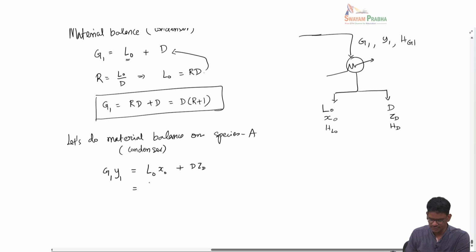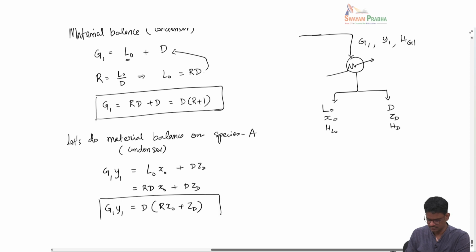If you want, you can substitute for L naught as RD and then take D out. So this is the material balance over species A in the condenser alone.